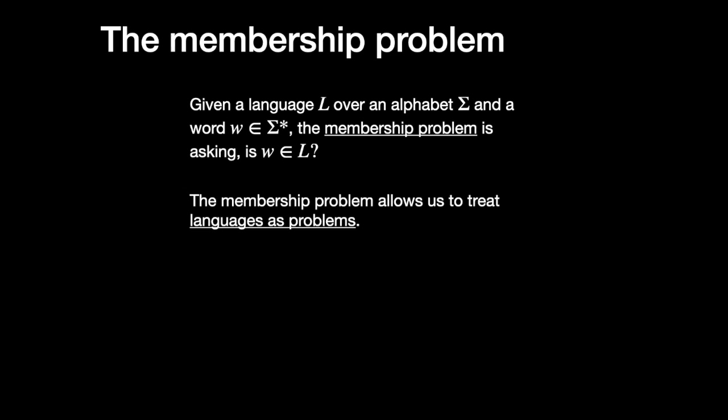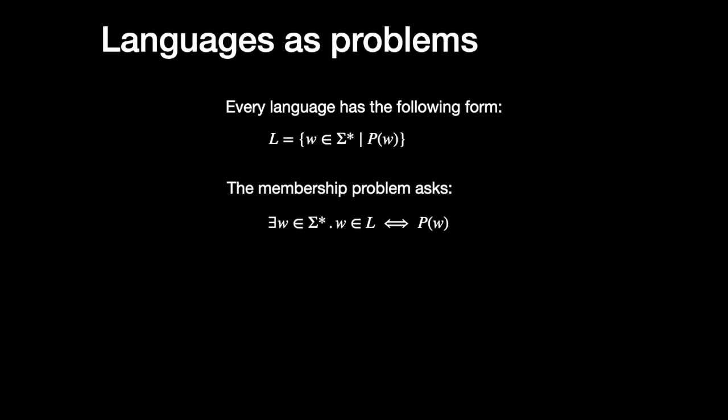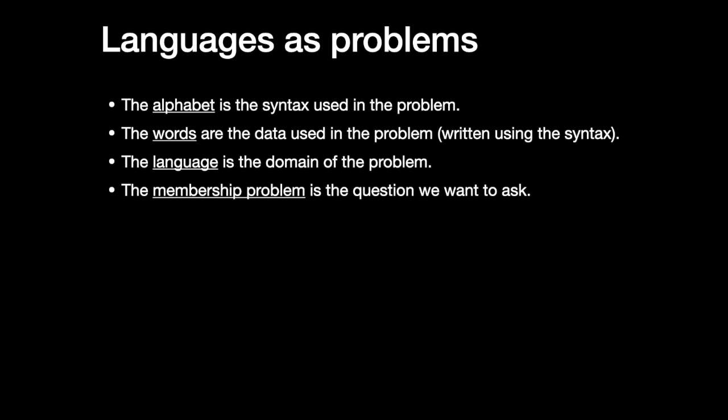In more detail, the membership problem amounts to asking whether an arbitrary word satisfies the constraint that is used to define the language. Here, P is a predicate over words. If it's true, then the word W is in the language. Thus, the membership problem boils down to asking if P of W is true for some word W. We can use this to state any problem in mathematics.